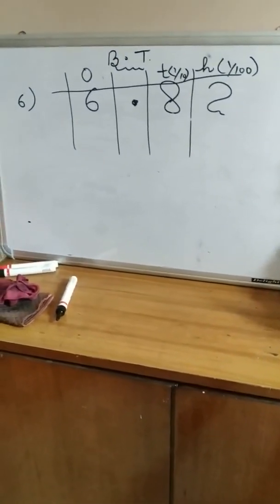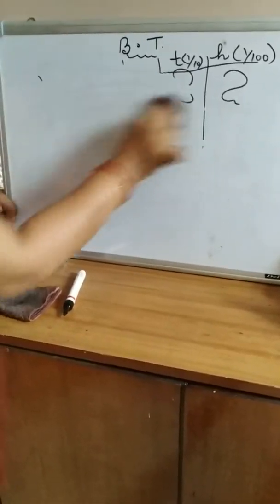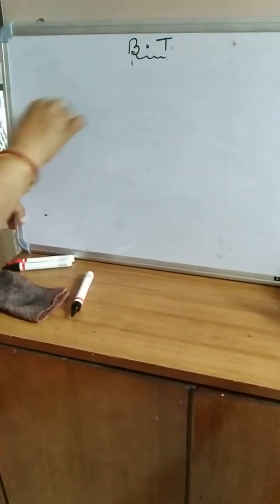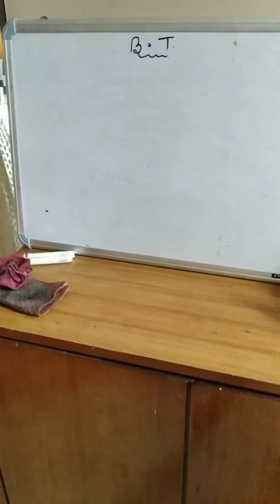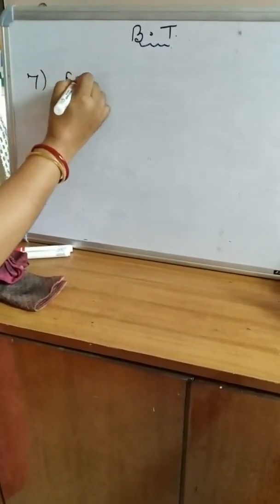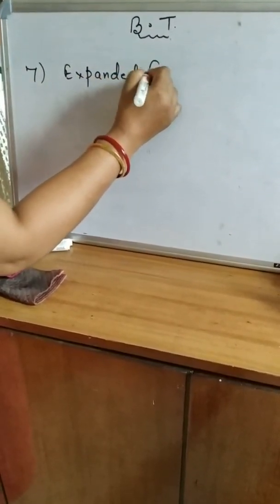Now come to question number 7. Question number 7 is expanded form. So you have to expand the number. You have learned in the previous class how to write the expanded form. You have to write in expanded form.